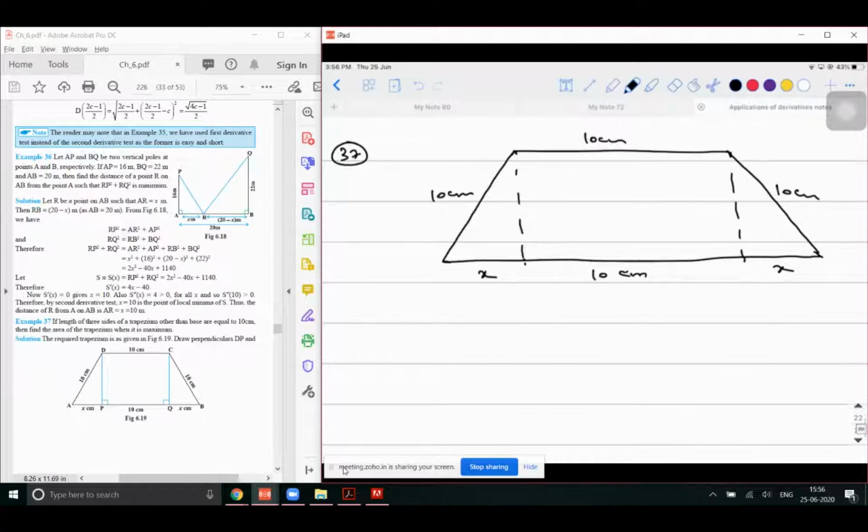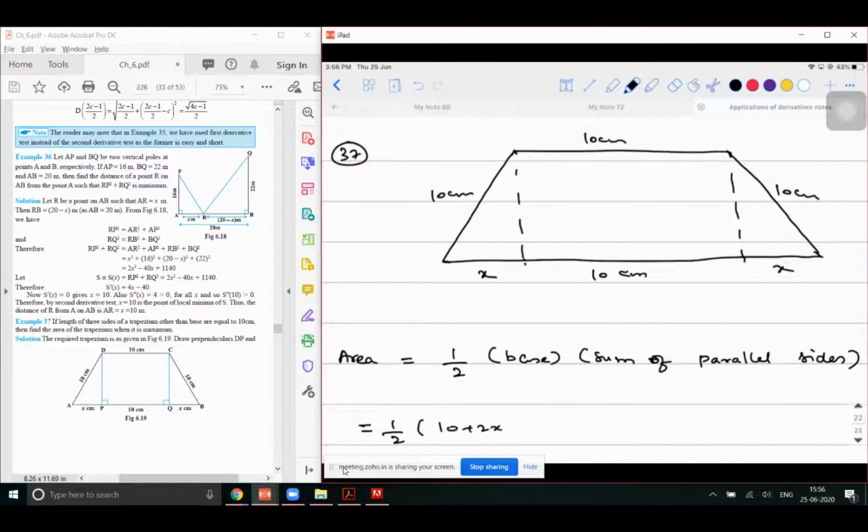So what is the area of a trapezium formula? Half into height into sum of parallel sides, sir. Sum of parallel sides, yes. So half into base into sum of parallel sides, right? So half into, what is the value of base? It is 10 plus 2x into sum of the parallel sides. So how much is this distance? Root of 100 minus x square.